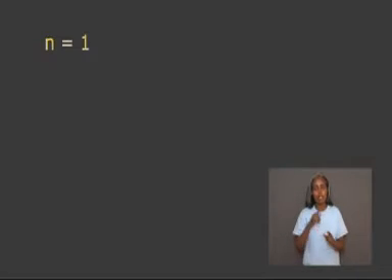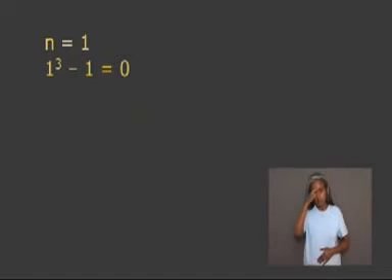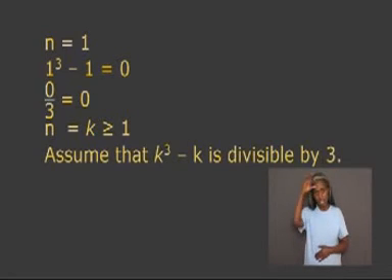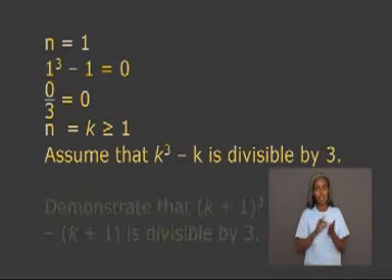The assertion is true when n equals 1 because 1 cubed minus 1 is 0. 0 is divisible by 3. For n equals k, being greater than or equal to 1, we may assume that k cubed minus k being divisible by 3 is true for a natural number k.